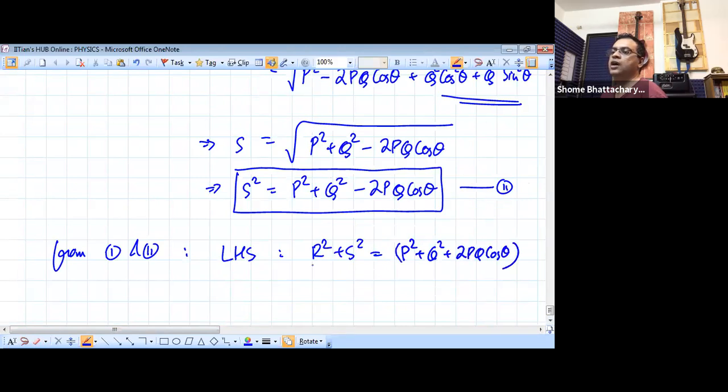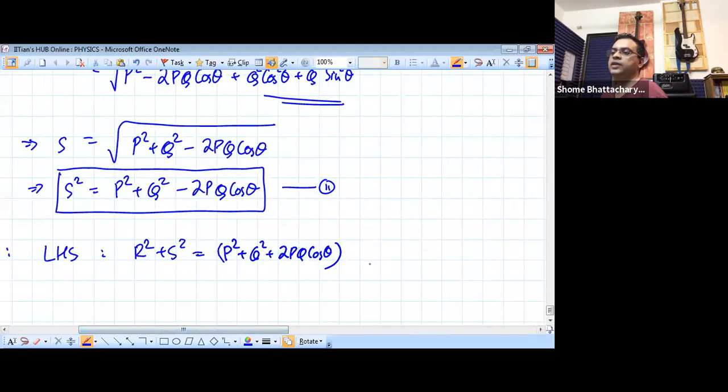This is what was your r square from above, equation number 1. And from equation number 2, what is your s square? Okay. So open this bracket. So it becomes 2 times p square plus q square, that is nothing but the right hand side, and hence proved.